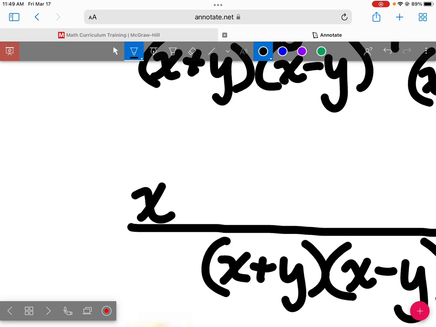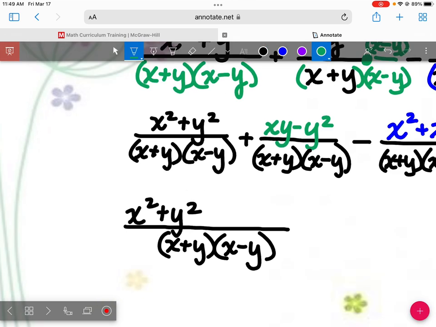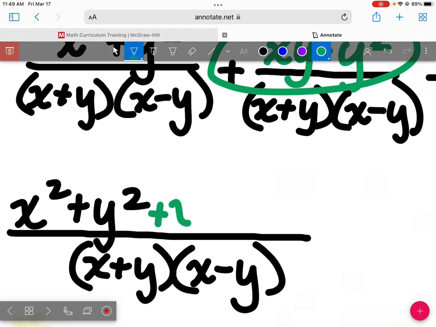All right, so I have x squared plus y squared, my first numerator. When I've got addition, I don't need to worry about changing anything. I'm going to add xy, and I'm going to add a negative y squared, which is the same thing as minus. So plus xy minus y squared.